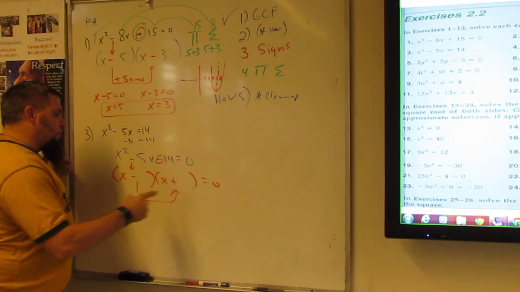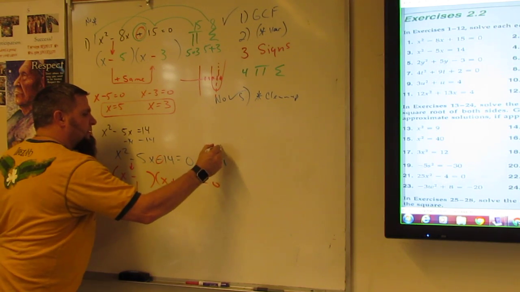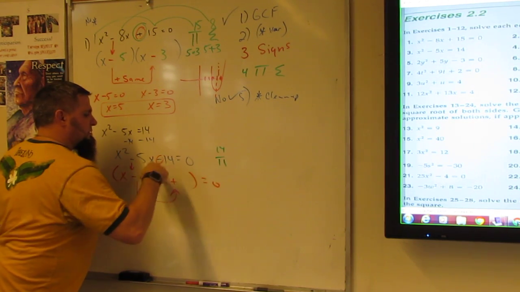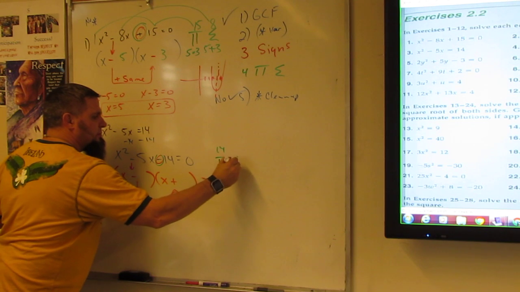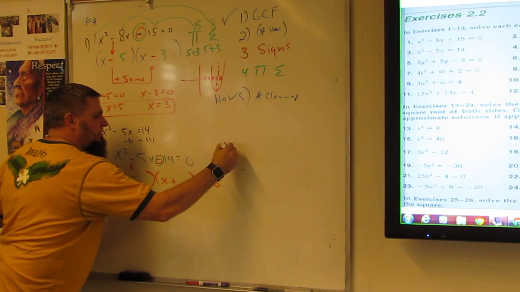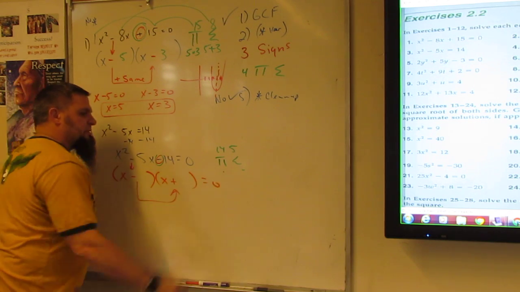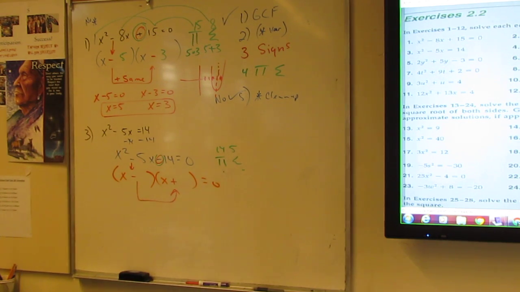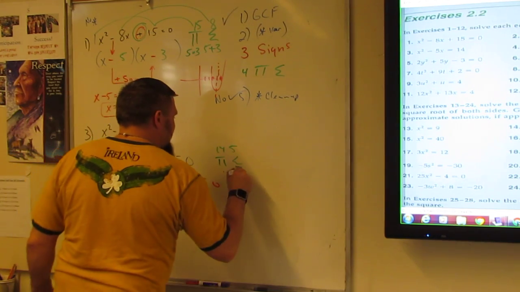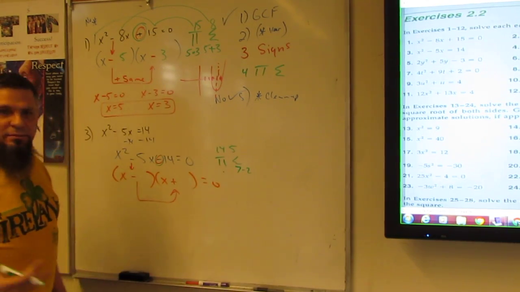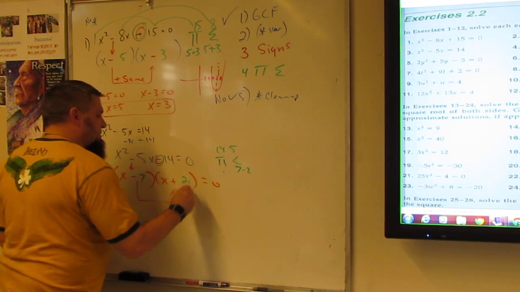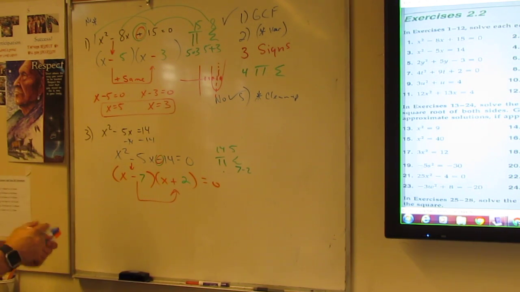And then two numbers that multiply to be 14, but they subtract to be 5. What numbers multiply to be 14, but subtract to be 5? 7 and 2. It's 7 minus 2, right? So it's 7 and 2.